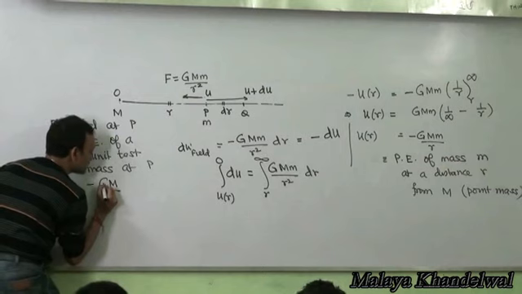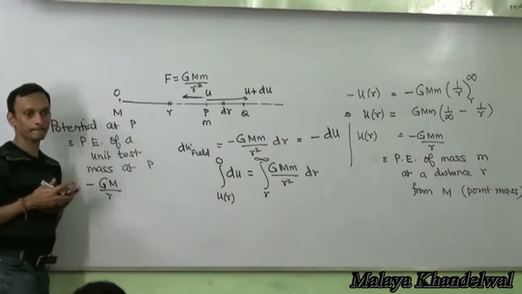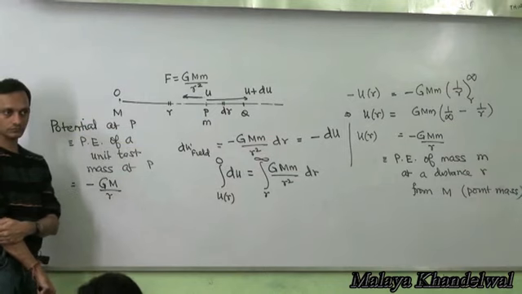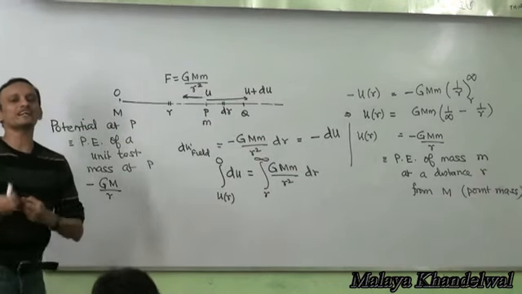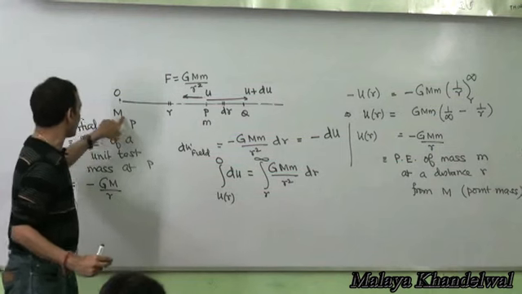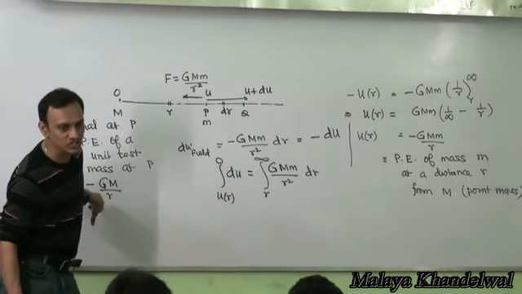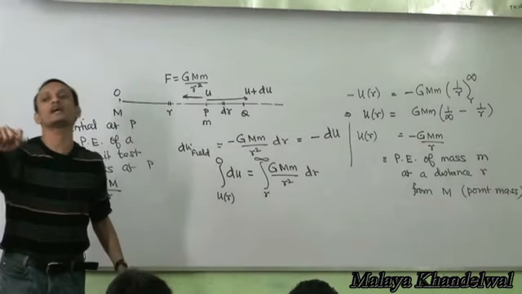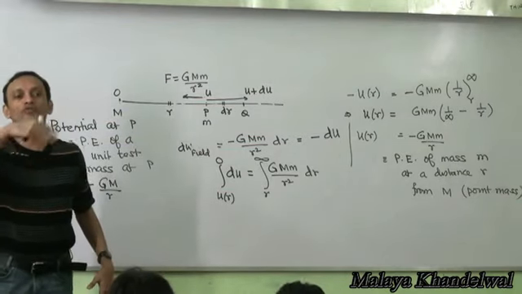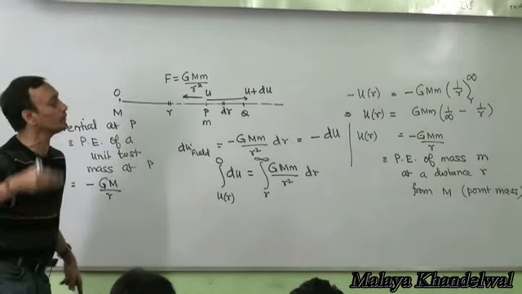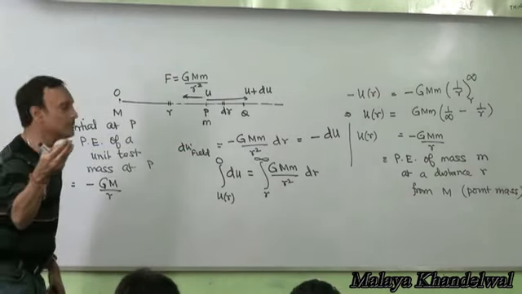So the potential at a distance r from a point mass capital M will always be minus GM by r, which is the potential energy of a unit test mass. So for a mass small m, the potential times small m will give you the potential energy of a mass small m at a distance r.